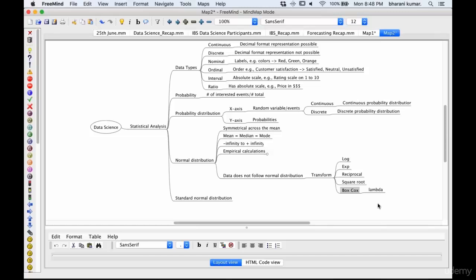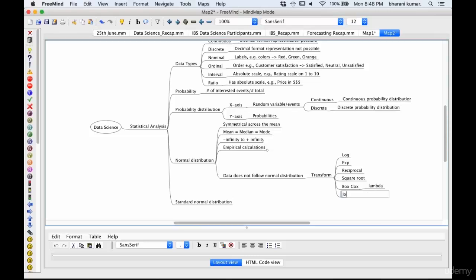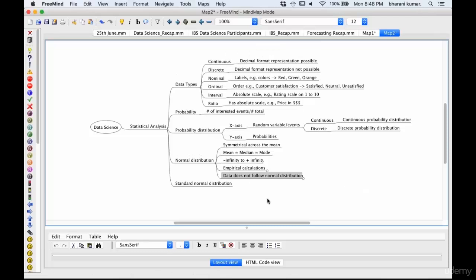Or you can resort to the Johnson transformation, which gives you a mathematical equation to transform the data and make it normal. Despite all these transformations, if the data still does not follow normal distribution, then we resort to techniques applicable for non-normal distributions, such as the Poisson distribution, and so on.